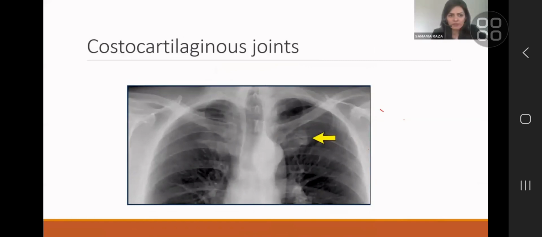So coming to the costochondral junctions, again, this is something overcalled very frequently. The costal cartilages calcify later on in life, but depending on your diet and your genetics, it can calcify very early on as well. And by that, I mean late adulthood. In some people, they have an extra joint there.